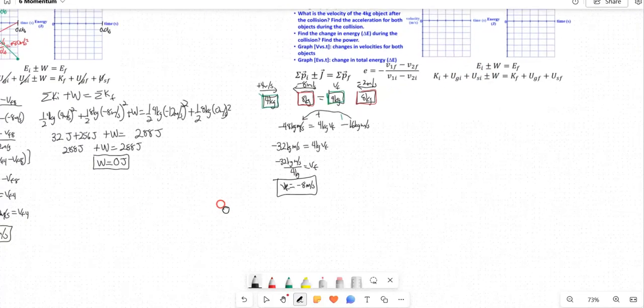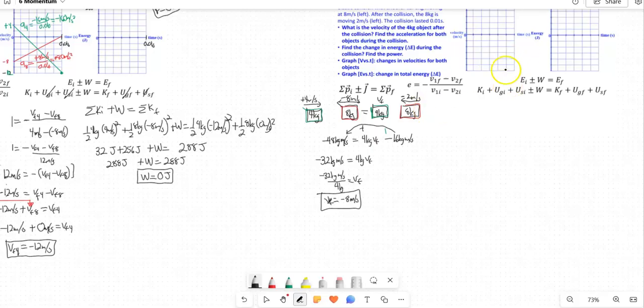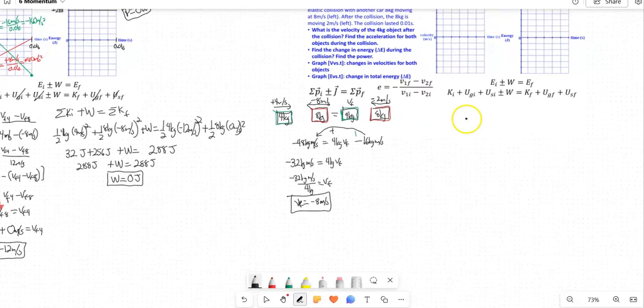Okay. Now, again, for the sake of time, we've already done the very first part of the energy part. The potential energies aren't changing. So the sum of the initial kinetic energies is the initial energy, plus work, which is going to be equal to the sum of the final kinetic energies, which is the final energy. And we know the sum of the initial kinetic energies from this problem, which is no different from the other one. The initial cases are the same. This is going to work out to 288 joules.